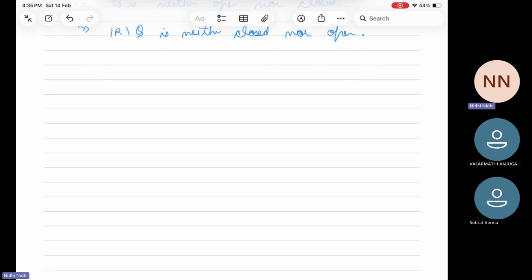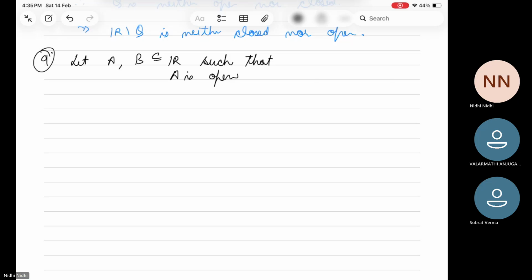Next, we have question number 9. Let A and B be subsets of R such that A is open and B is closed.